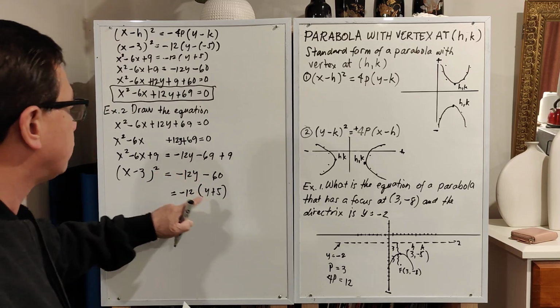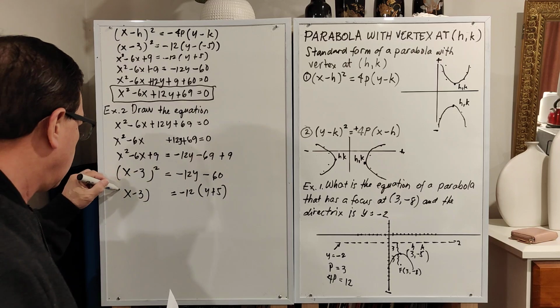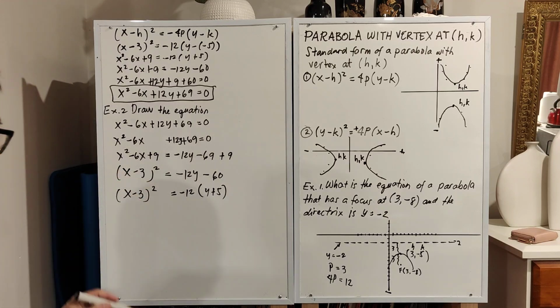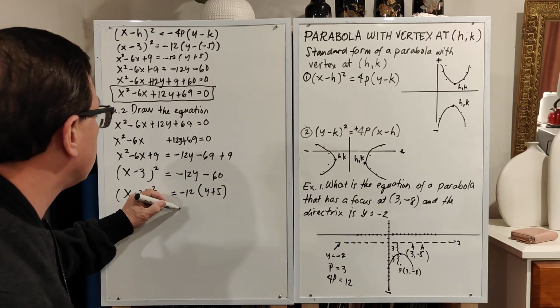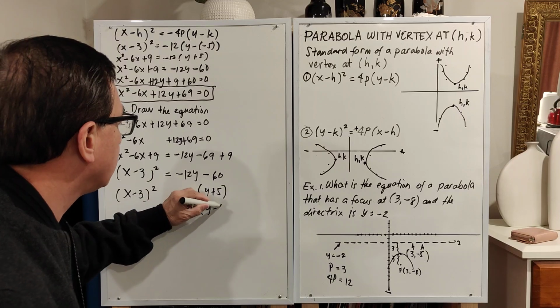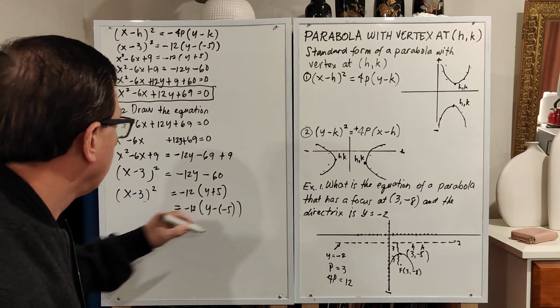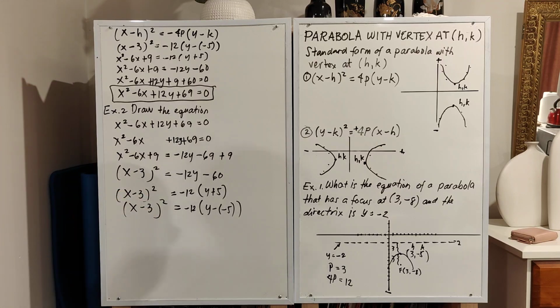This one becomes y plus 5 if we factor the negative. This is x minus 3 squared. But since we want this to be negative, this one becomes equals negative 12 y minus negative 5, and this is still x minus 3, the quantity squared.